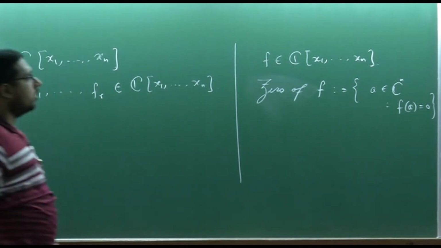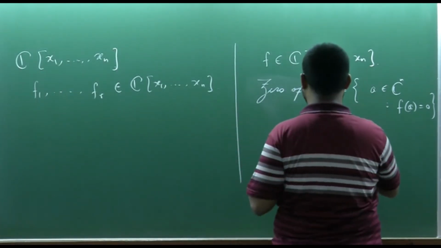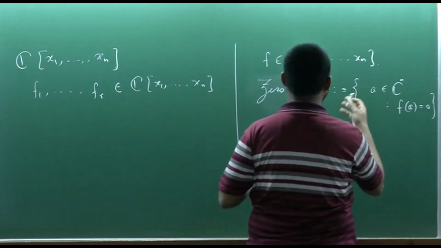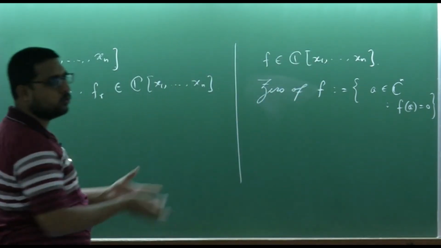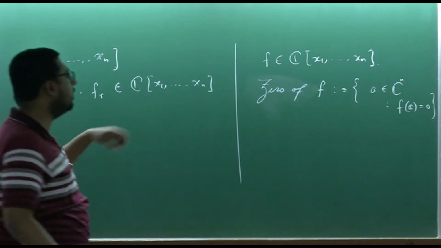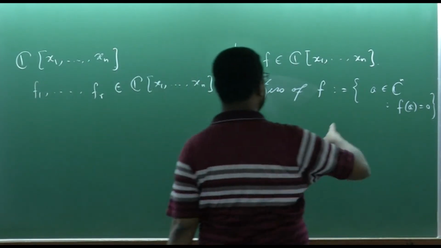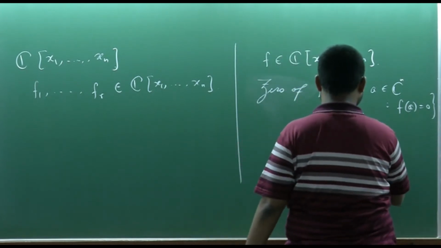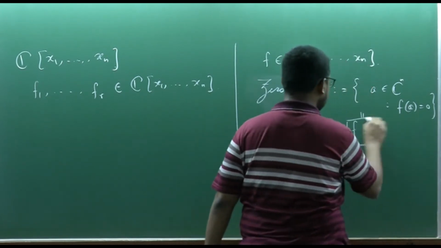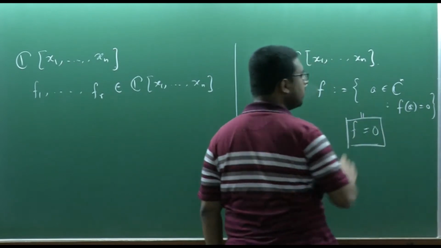This is what is called the zero set, or loosely speaking the zeros of the polynomial f. We loosely write this as f equals 0. Remember that by this we actually mean this set.